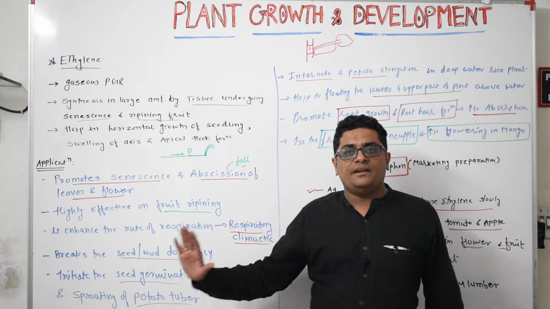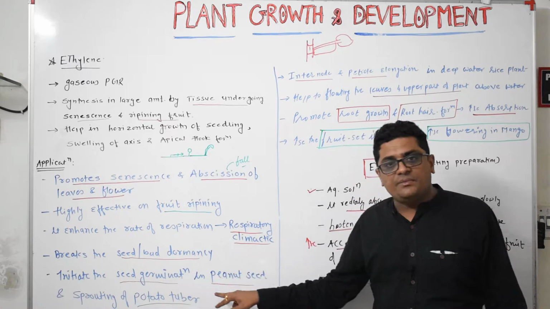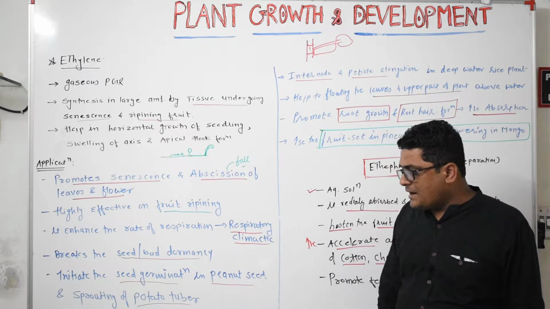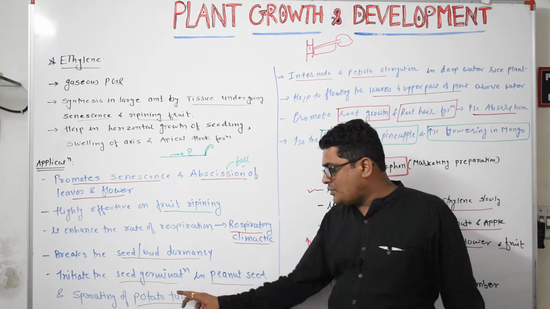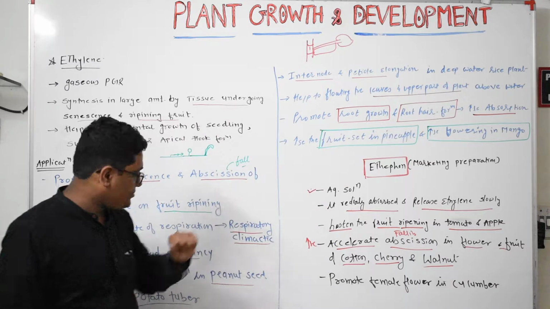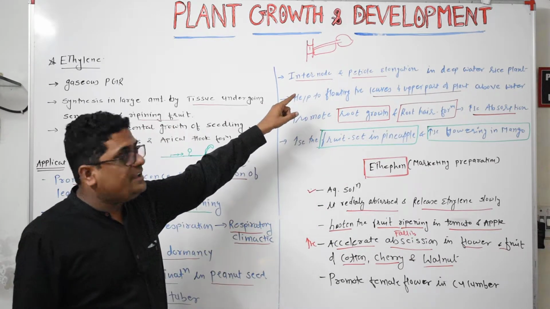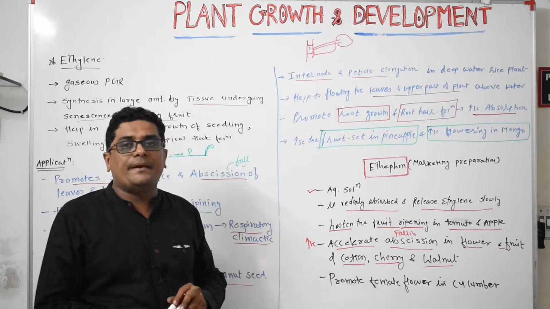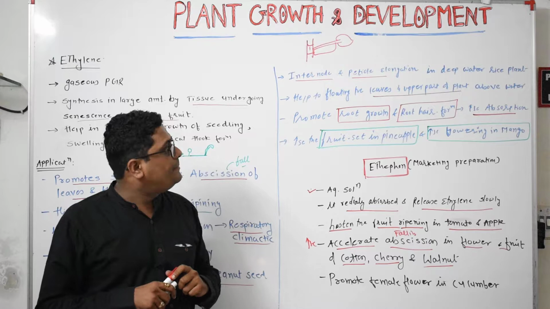It also breaks seed and bud dormancy, and initiates seed germination in the peanut seed. Also it helps in the sprouting of tomato tubers. Ethylene increases internode and petiole elongation in the deep water rice plant.